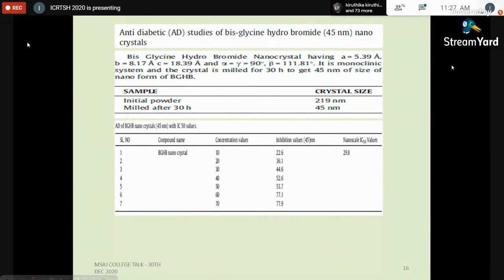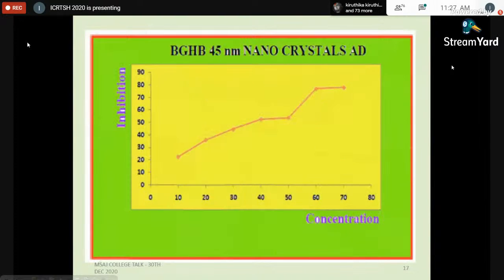Next slide, please. That is the concentration versus inhibition diagram. When the concentration increases, the inhibition also varies accordingly. Directly, as concentration increases, the inhibition rate also increases. Generally, the macro scale IC50 value is high compared to the nanoscale value, but when the IC50 value is low, it is best preferred for anti-diabetic as well as anti-inflammatory property.